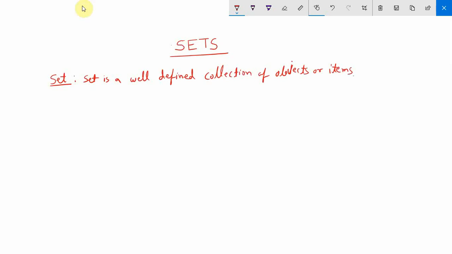Okay, so can we give some example of a set? If I say the collection of vowels in English alphabet, so what will be our set? See, if I say collection of vowels, so this is a set because it is well defined.